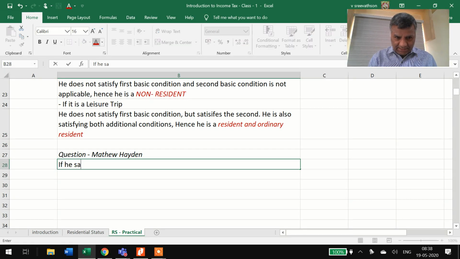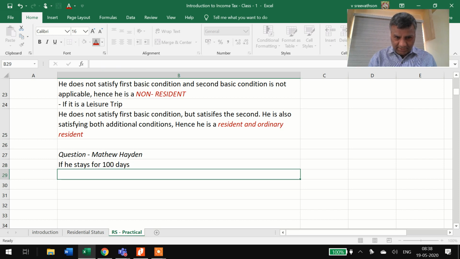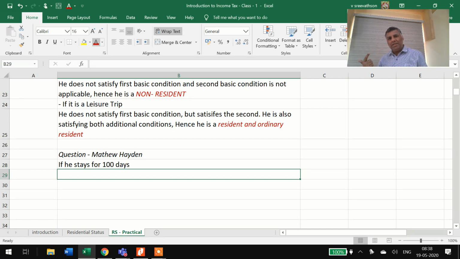If he stays for 100 days, we all know that 60 is satisfied, 365, that is in 4 years it would have become 400. In that year, in 1920, more than 60, in the past 4 years more.